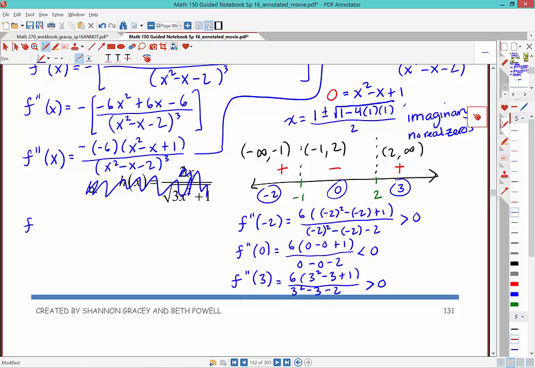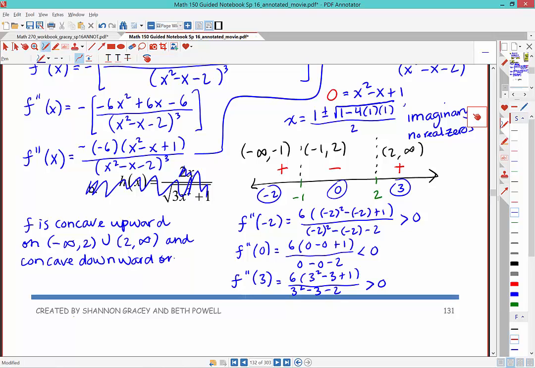All right, so what does this mean? It means that f is concave upward on minus infinity to -1 union 2 to infinity and concave downward on -1 to 2.